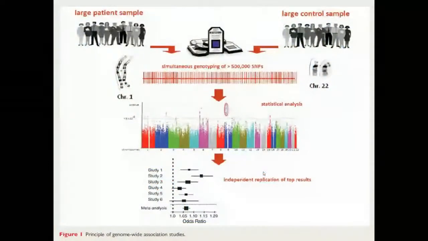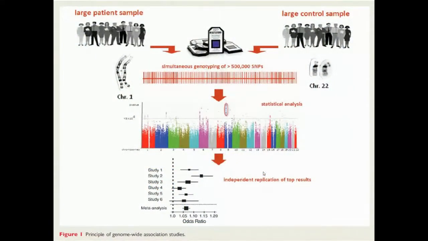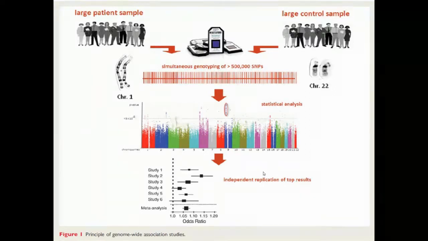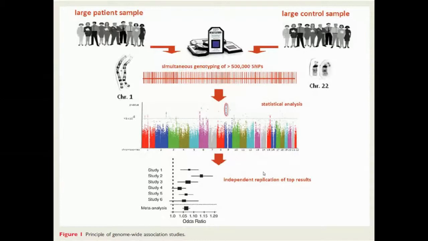Well, we started to participate in international consortia doing GWAS studies. And the principle of a GWAS study is shown here, where you have a large patient sample with a certain disease and a large control sample. You can genotype these on a genome-wide association chip, then they will contain at least 500,000 SNPs.